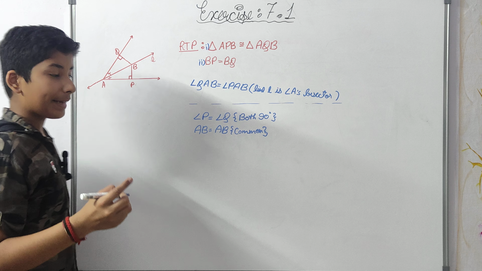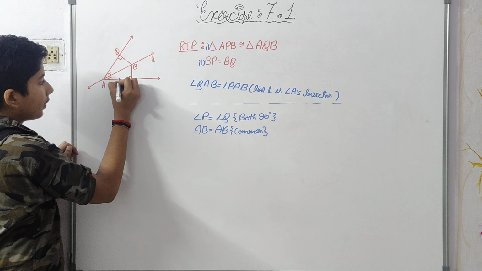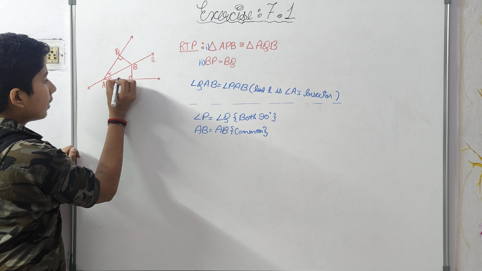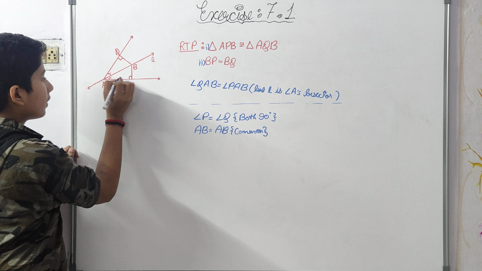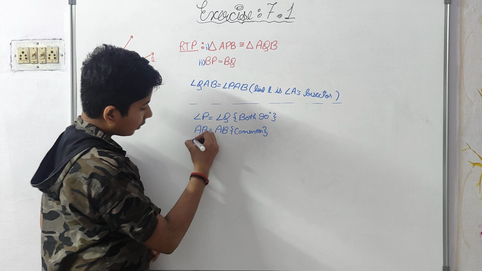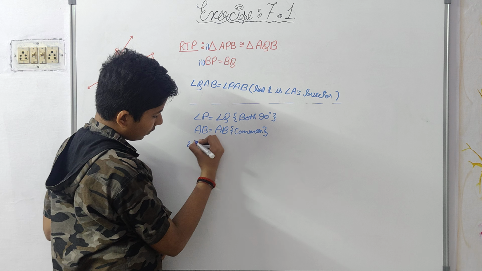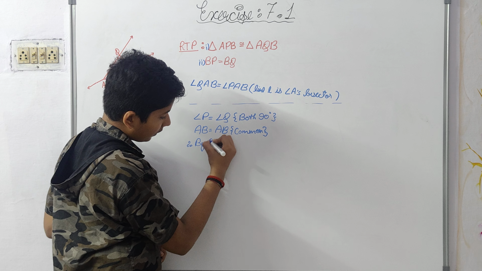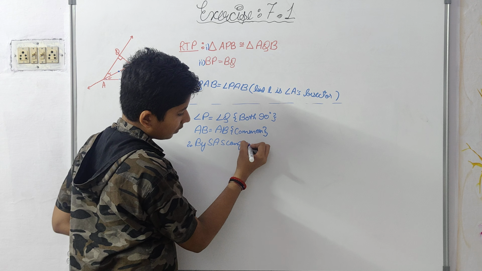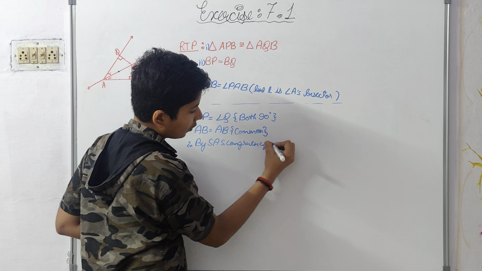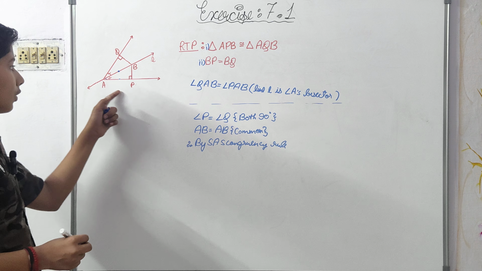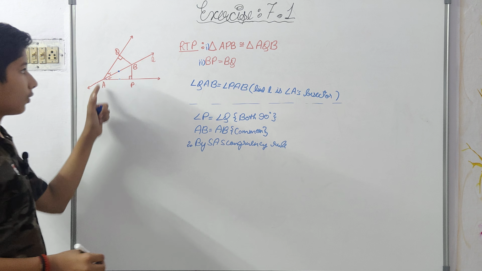And now which property is getting used here? See this angle and this angle. So by SAS congruency rule, we are using SAS over here. By SAS congruency rule, this triangle is congruent to this triangle.